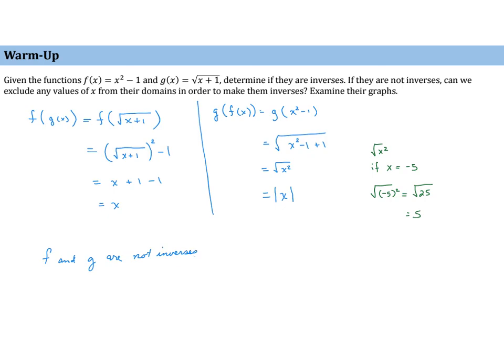Now, is there any way, in the second part of the question, if they are not inverses, can we exclude any values of x from their domain in order to make them inverses? To do this, let's look at their graphs.